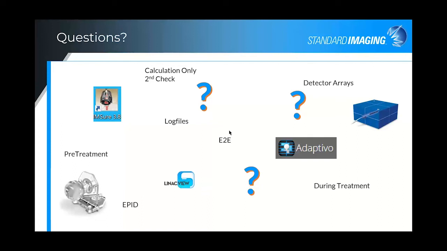And so that is the comparison basis, whereas Adaptivo is a different sort of measurement. It's the EPID measurement for the 2D comparisons.